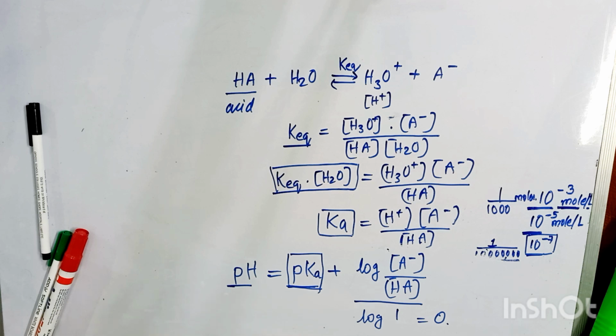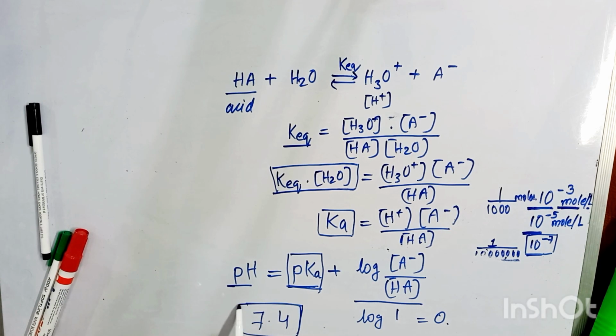So pKa values are very important. What acids can be a good buffer? Those whose pKa values are around the pH of our biological fluid. Our body is around 7.4.